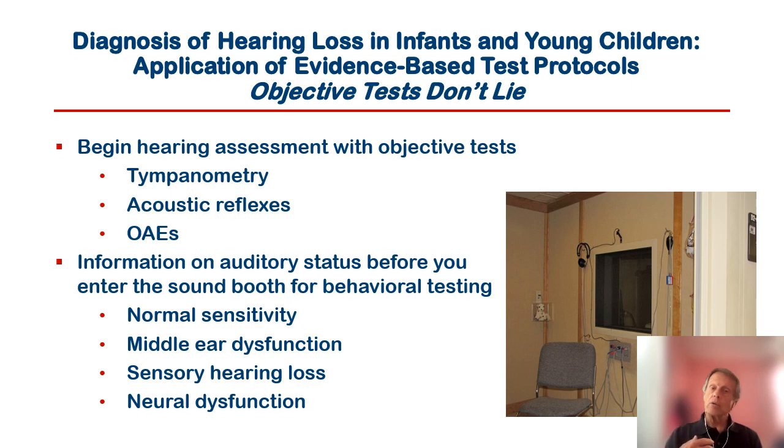In other words, you'll know whether or not the auditory system is most likely normal or whether there's an abnormality. You'll probably know whether there's a sensory or a conductive loss, and you'll certainly be able to distinguish a false hearing loss or exaggerated hearing loss from a valid audiogram if you start out with these objective tests.